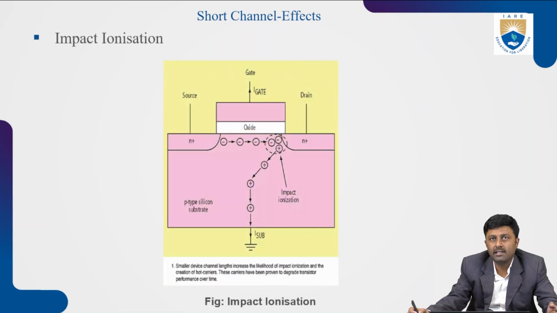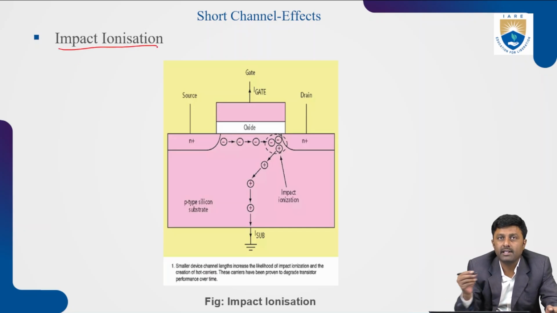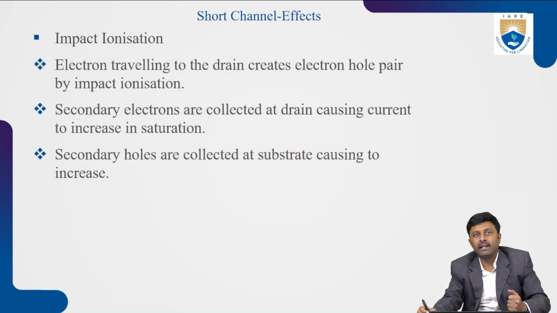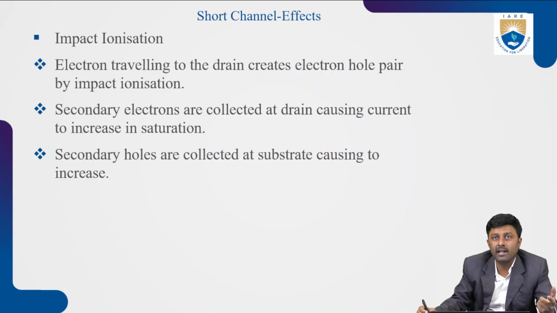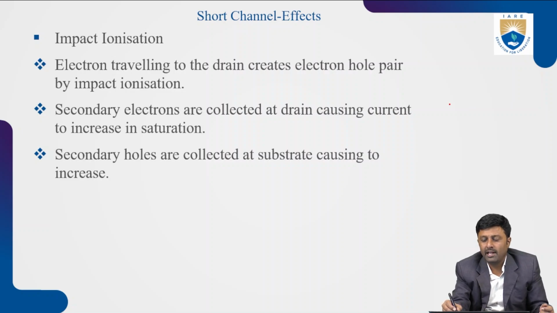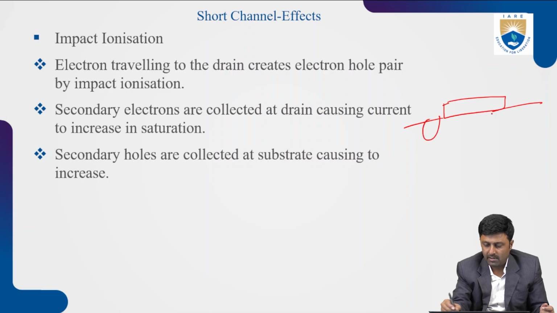Then the next short channel effect that we'll discuss is impact ionization. As the name itself indicates, the electron traveling to the drain creates an electron hole pair by impact ionization. So this is the source, this is the gate, and this is the drain terminal.